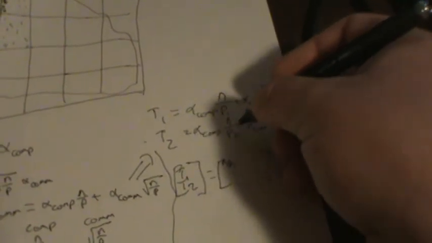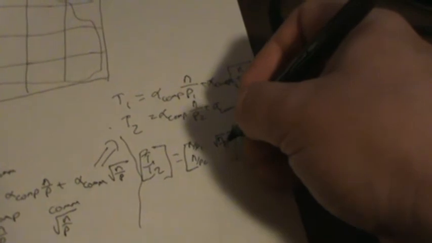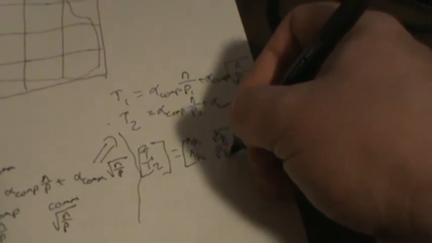That just leaves the first column, which is n over P1 and n over P2, and the second column, likewise, I've got the square roots, so the square root of n over P1 and the square root of n over P2. So I've got this nice little linear algebra setup. I know these numbers, I want to solve for these. So that's the problem I'm setting up.